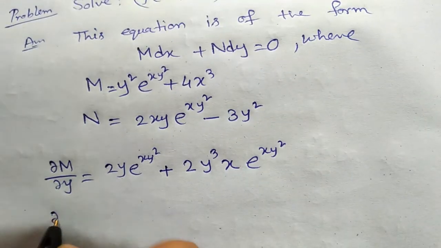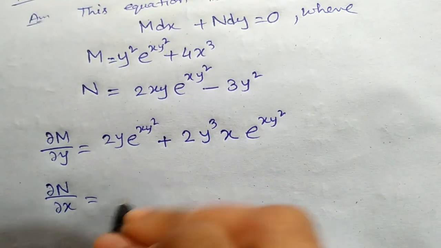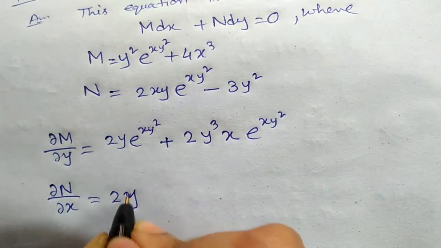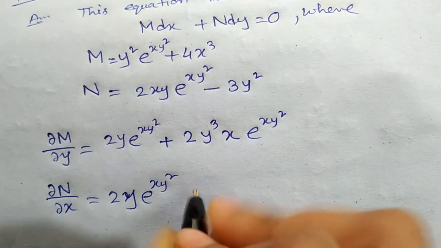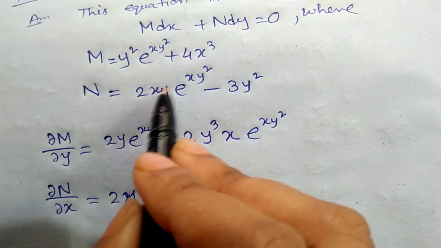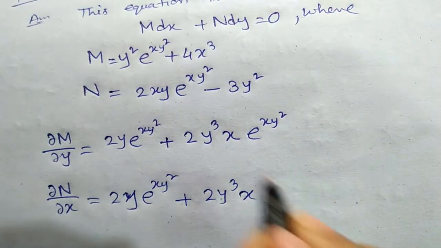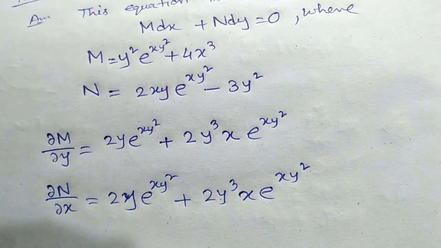Next, del N/del x will be 2y e to the power xy squared, plus 2y cubed x e to the power xy squared. Okay, done.